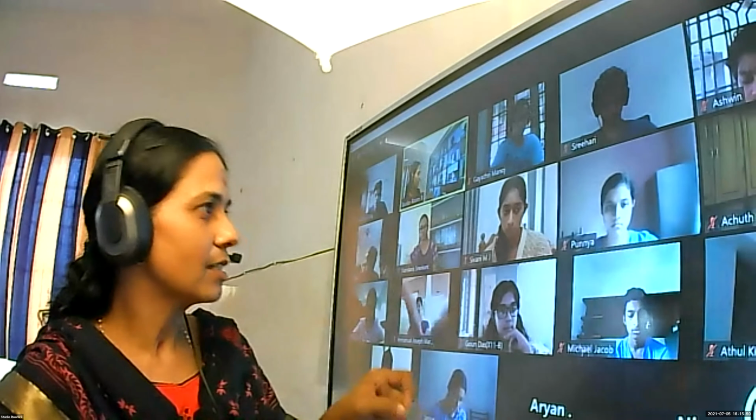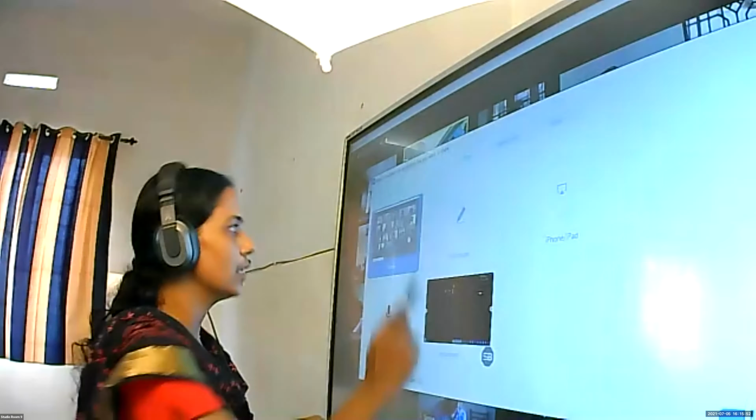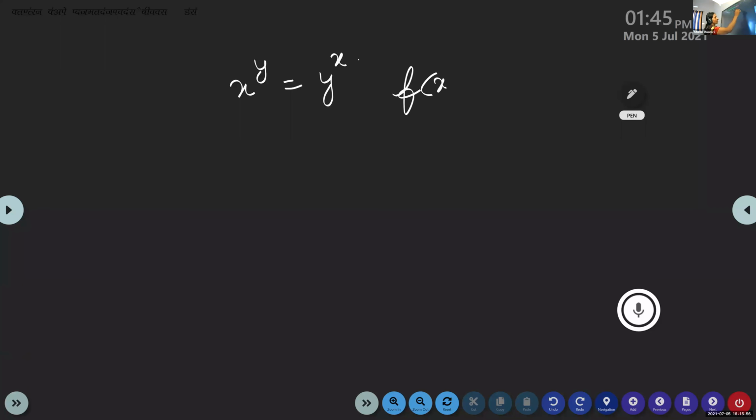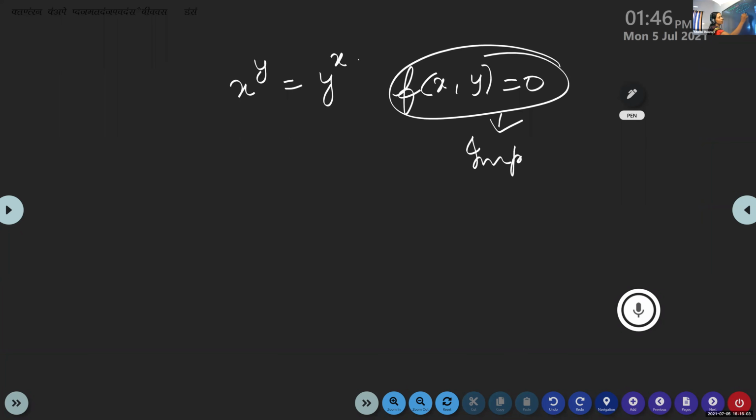Here, look at this question, x and y terms are mixed up. So it is of the form f of x comma y is 0. This form we call implicit form. The previous problems are in explicit form. There y term is not there, so we name the function as y and we differentiate.